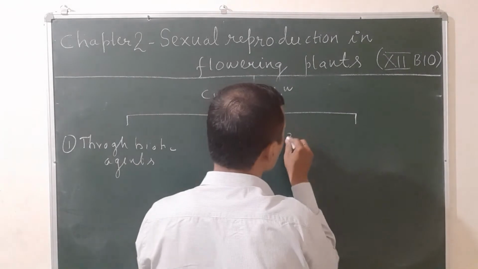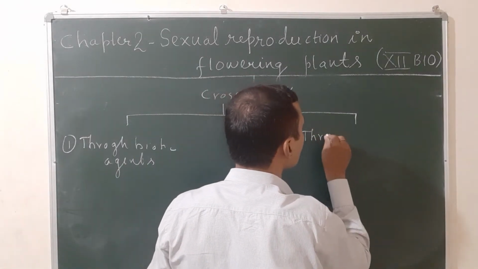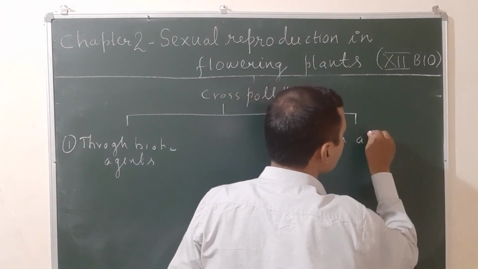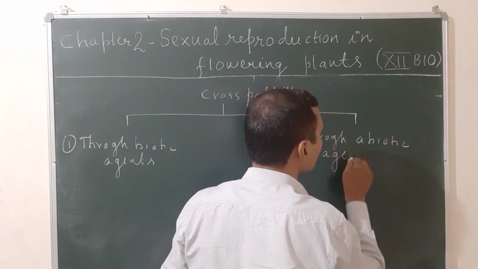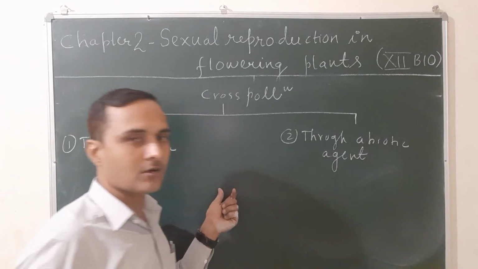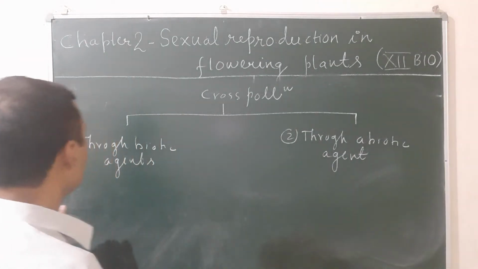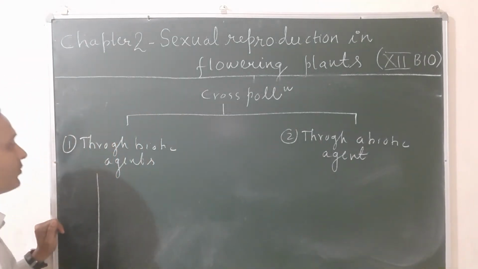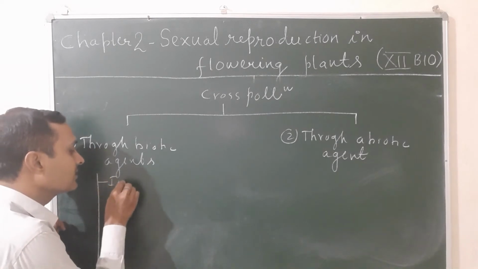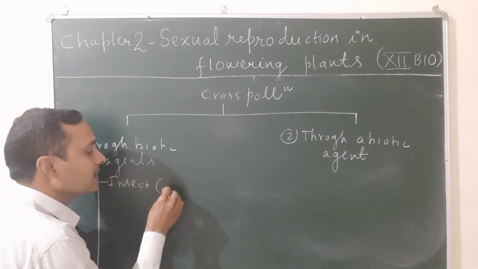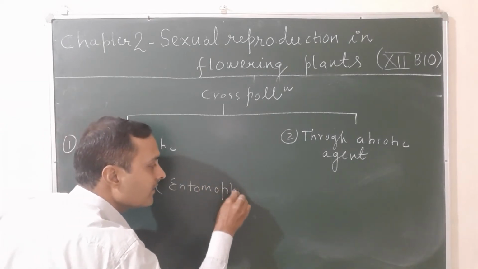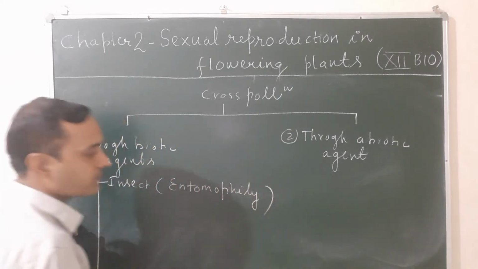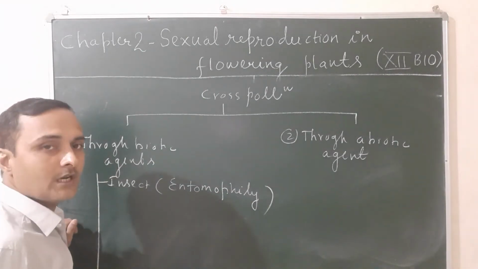Biotic means living things are responsible for transfer of pollen from one flower to another flower belonging to the same species. The most common biotic agents are insects, and this is called entomophily. When insects are involved in cross pollination, such pollination is called entomophily.